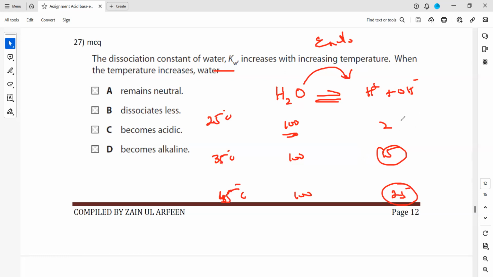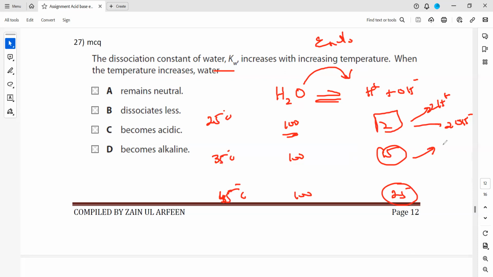Why won't it become acidic? Because when two water molecules dissociate, it produces two hydrogen ions and two hydroxide ions. A substance becomes acidic or alkaline if the numbers of hydrogen ions and hydroxide ions are different. But what happens when we increase the temperature?